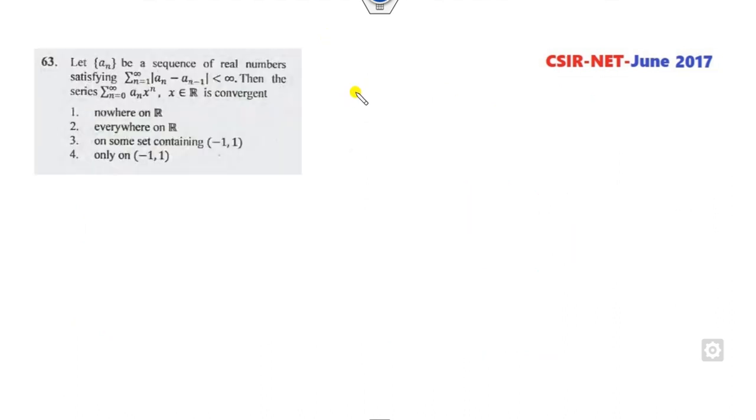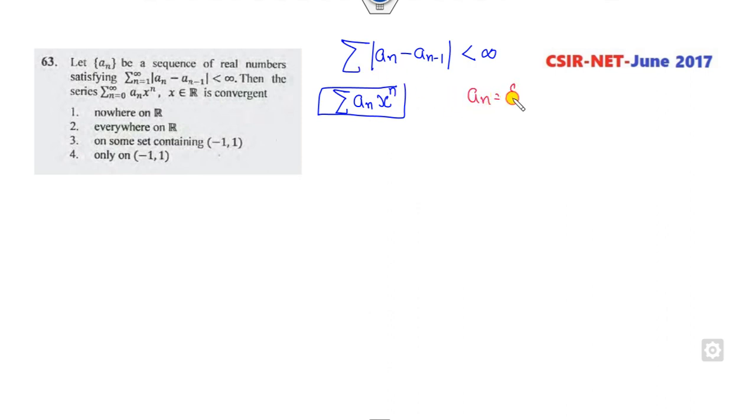Okay, look at this next question. Which of the following AN is a sequence such that this condition is satisfied? This is finite, and then you have to check the nature of this. That's very simple. If you read this statement carefully, can you imagine any sequence which goes to 0?